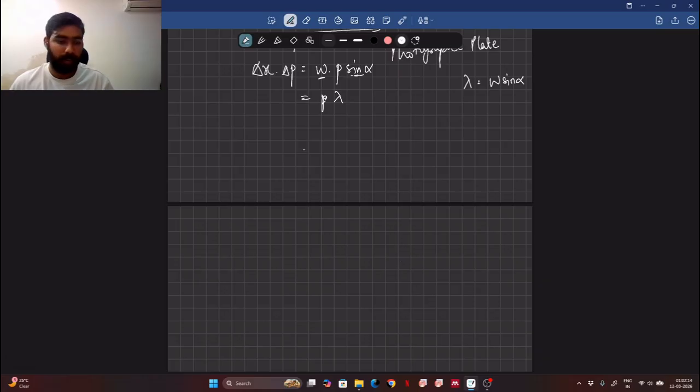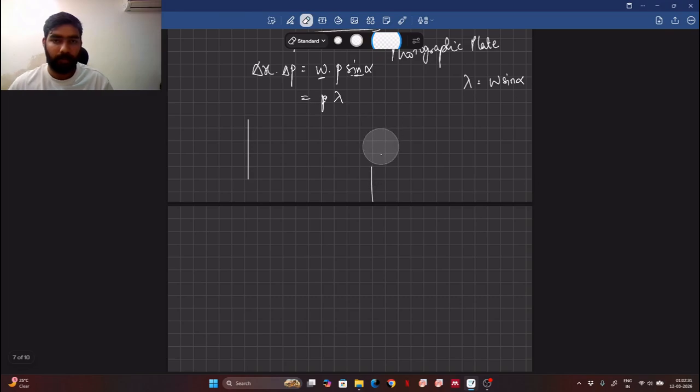And how this comes is, we have this point D, assuming that this is the top of the slit.